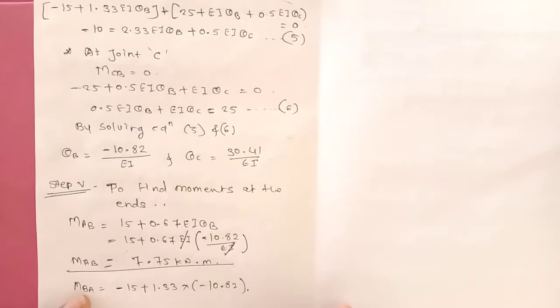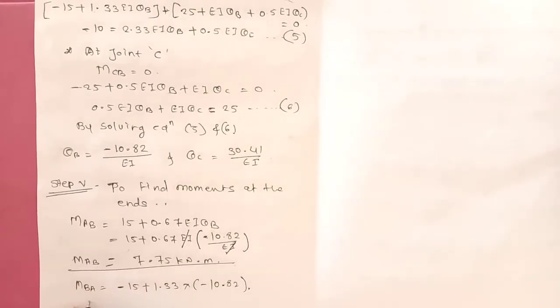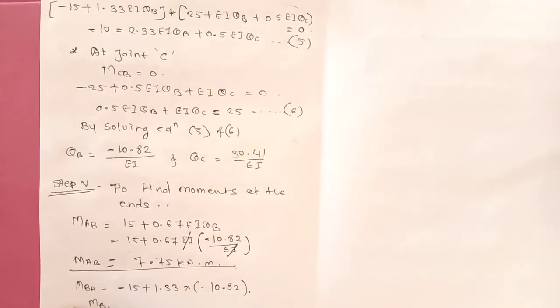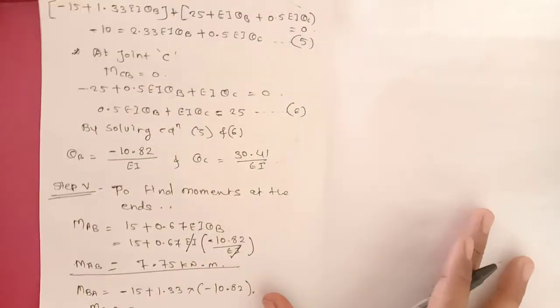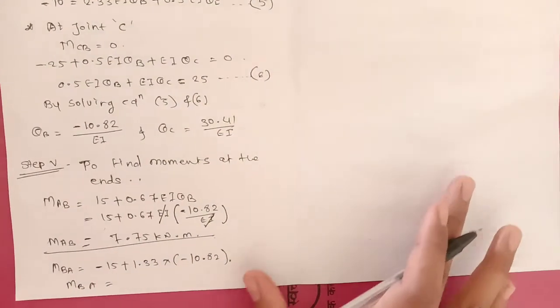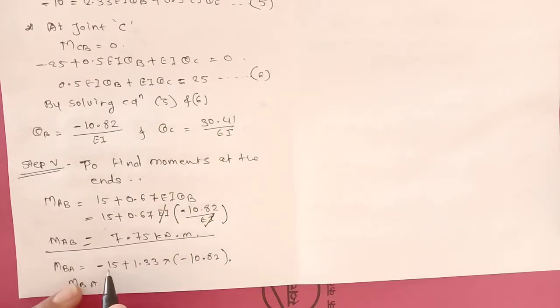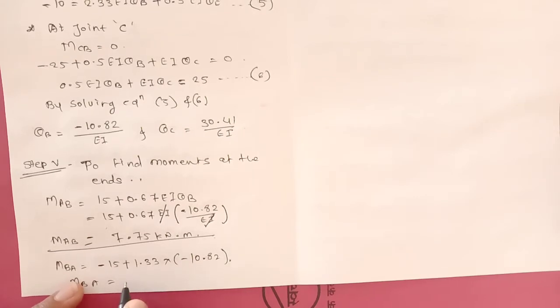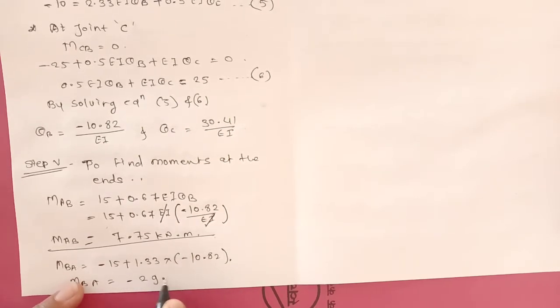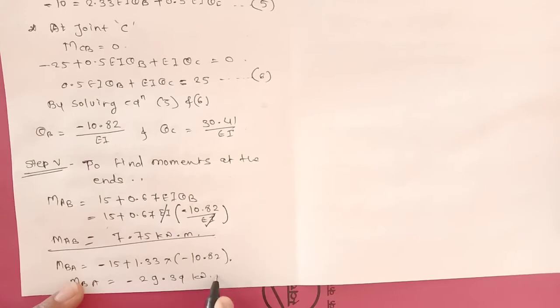So from this equation, the end moment for member BA is minus 15 plus 1.33 multiplied by 10.82. So this value is nothing but minus 29.39 kilonewton meter.